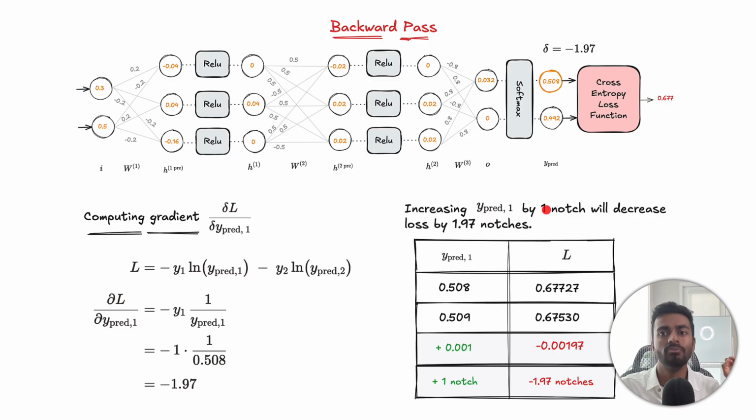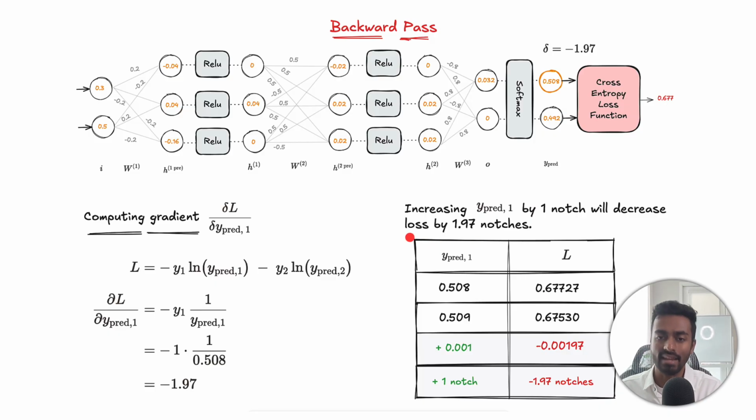So, if you were to actually perform the forward computation, if this is 0.508, this is the loss here, 0.67727. But if you were to increase it by 0.01, to 0.509, you would see that the loss is now 0.00197 less. So if you increase it by 1 notch, it decreases the loss by 1.97 notches.